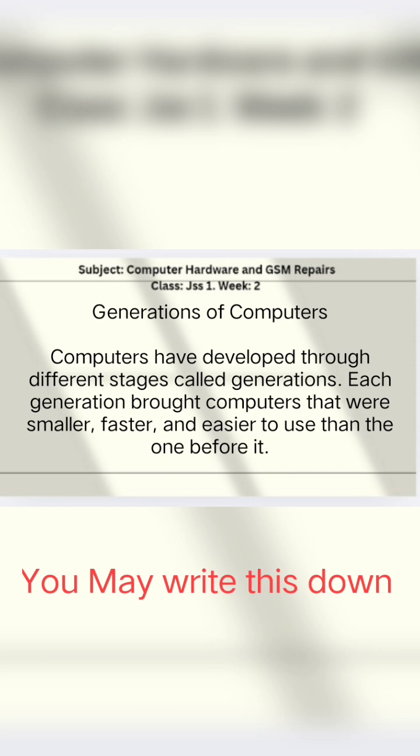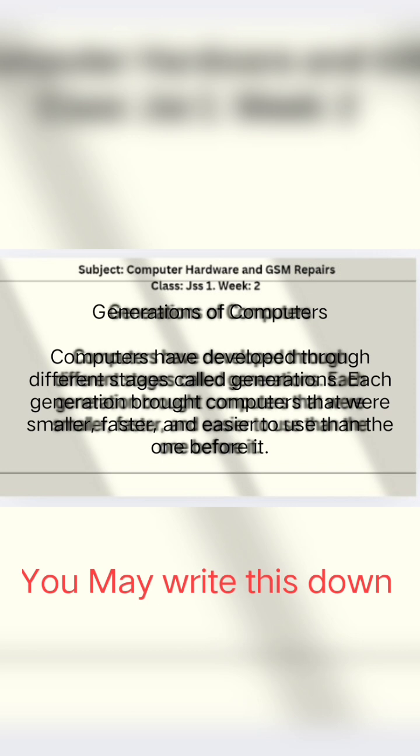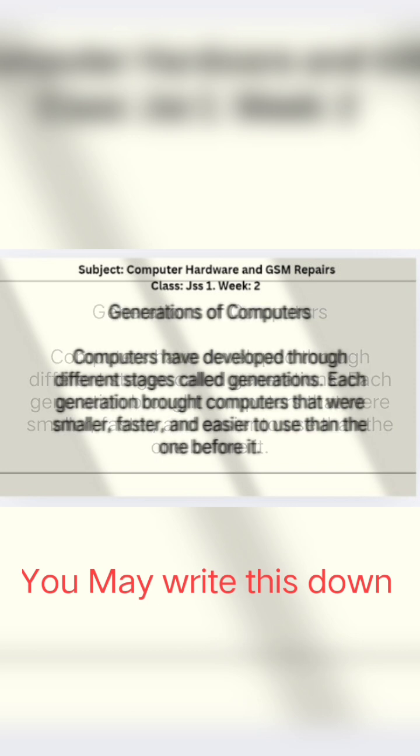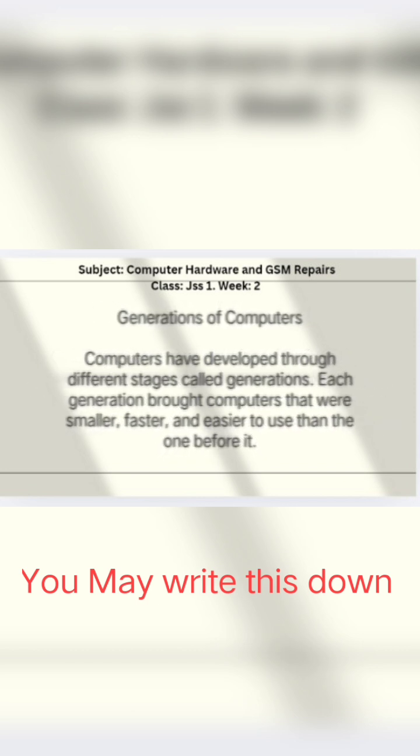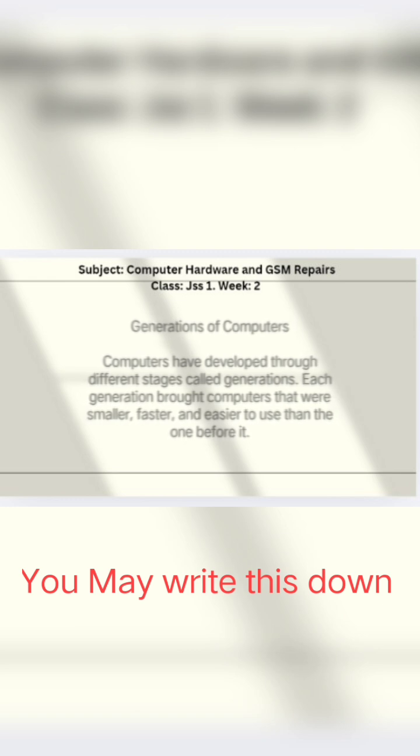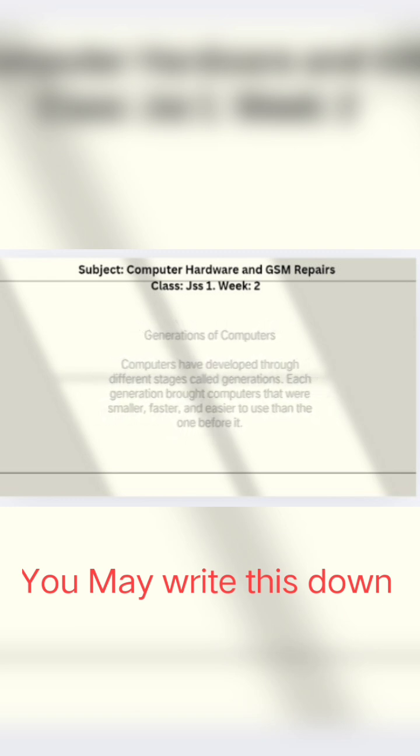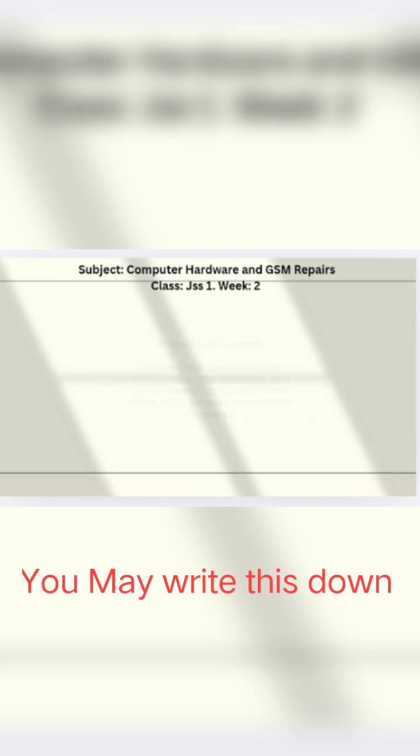The person that operated it would stay outside the room to operate that particular computer. Each generation, or stage of development of a computer, used a particular technology to process data.